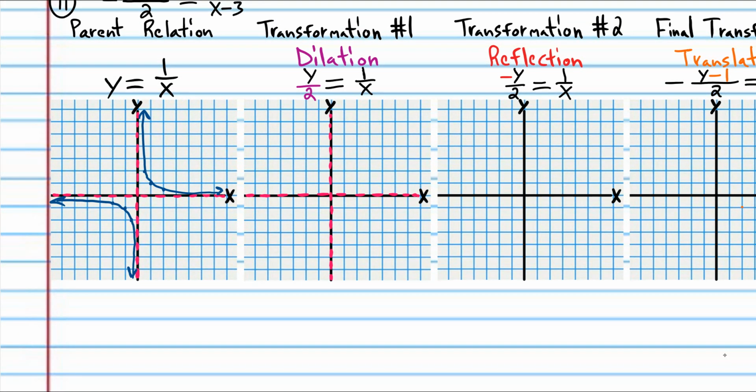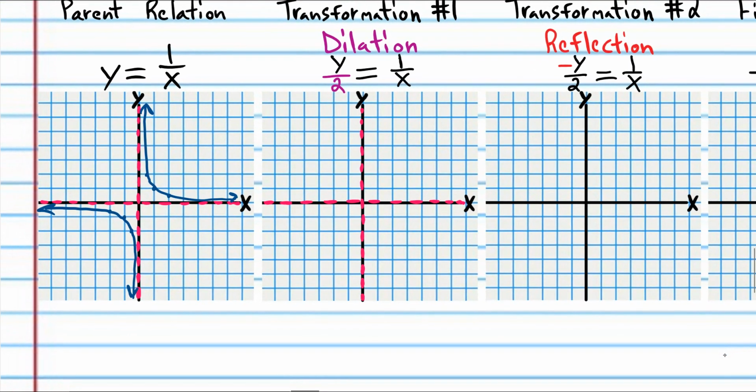So if you consider all the points on the x-axis, or on that horizontal asymptote, they all have a y value of 0. So if you multiply those y values by 2, it's not going to change their location. But all the points on the actual graph, those y values are going to be multiplied by 2.